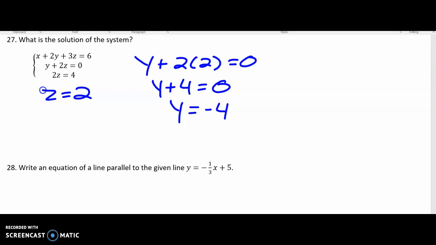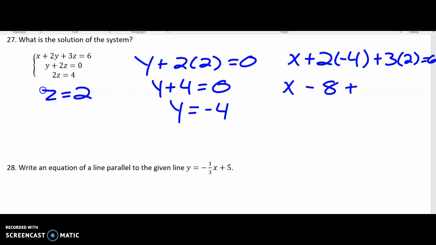Okay, cool, I've got 2 of the 3. Finally, I have to get the third one, so I go ahead and plug it in the top line. So x plus 2 times negative 4 plus 3 times 2 is equal to 6. All right, so I'm going to have x minus 8 plus 6 equals 6.